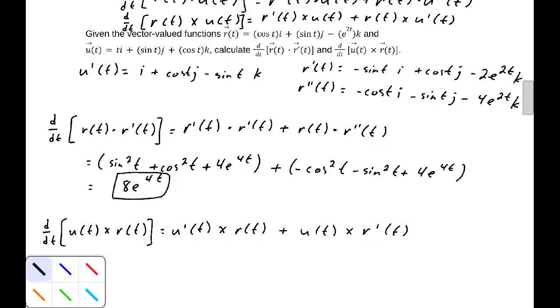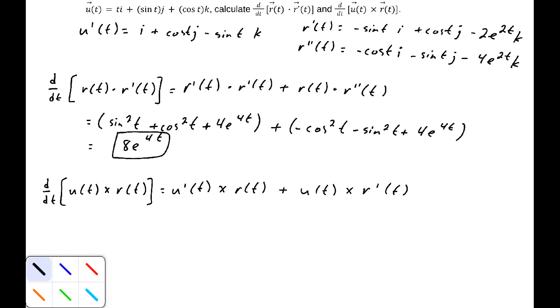So referring back to those functions and our definition of a cross product, that would be equal to, sorry, let me step back.